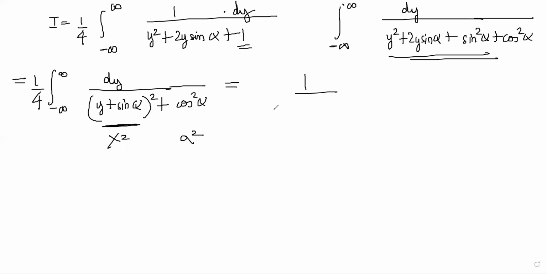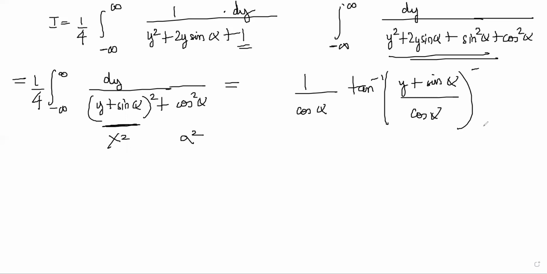So this becomes 1 by a cos alpha tan inverse x by a, which is y, plus sine alpha by cos alpha. This is my integral, and this is evaluated from minus infinity to infinity, and outside you have to put a 1 by 4, right?